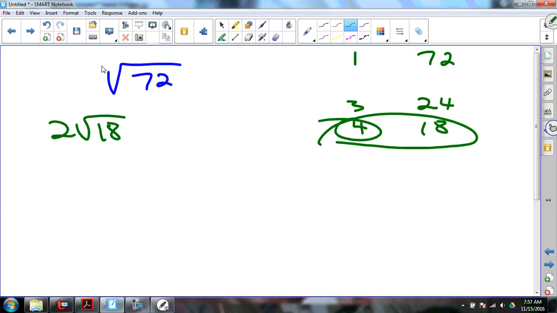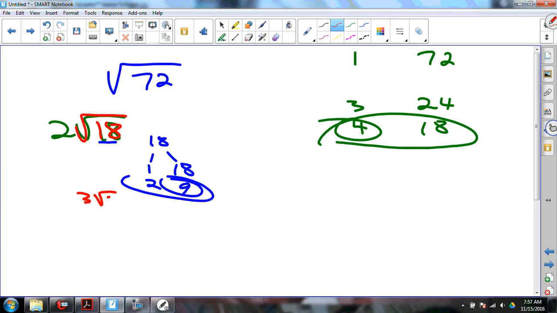There's a problem with this, and the problem is that when I get this far, 18 needs to be broken down further because 18 has factors of 2 and 9, right? So the square root of 18 would be 3 times the square root of 2, and then this 2 that's up here is still down here.